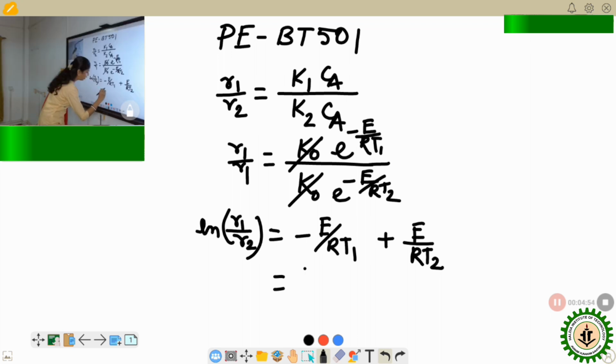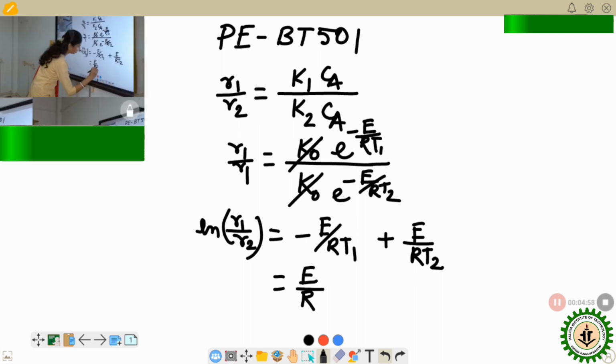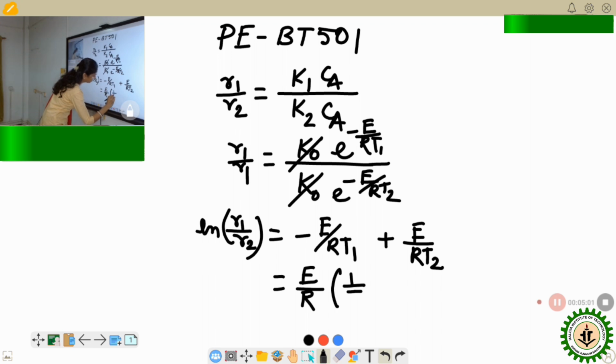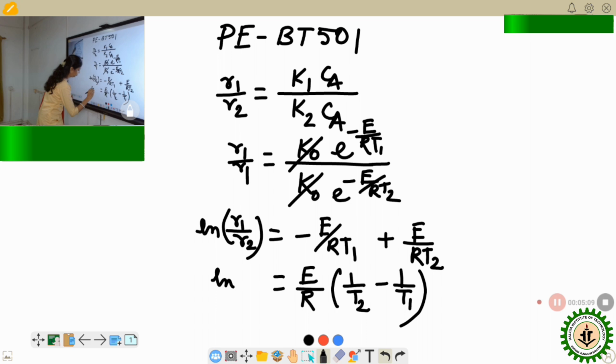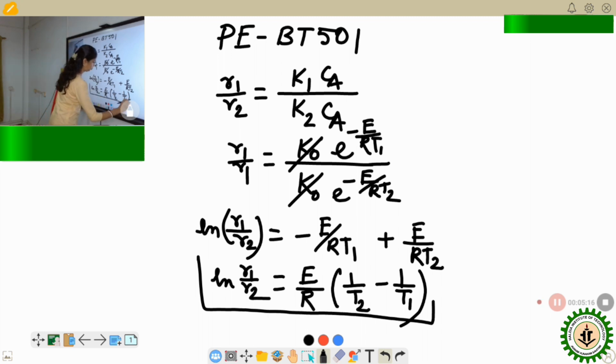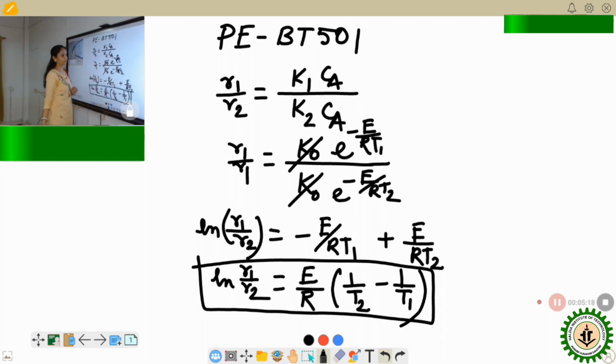So we can write E by R into 1 by T2 minus 1 by T1. This side ln R1 by R2. This is the relation.